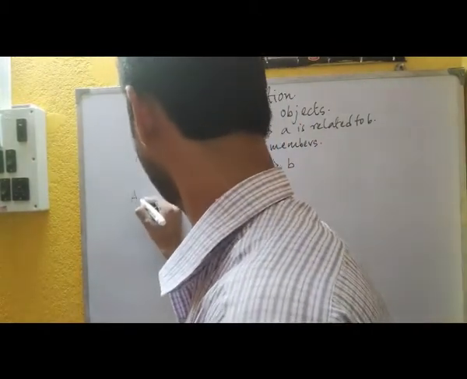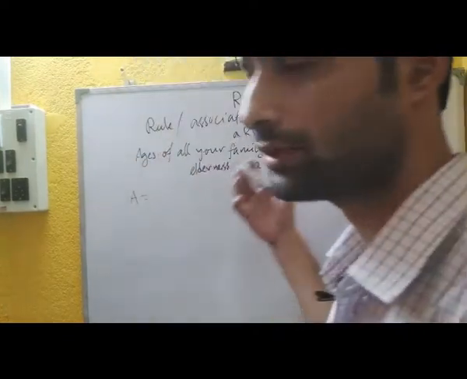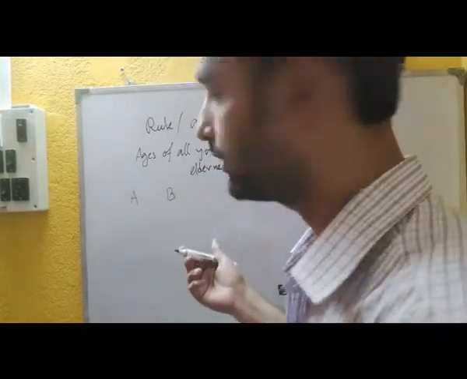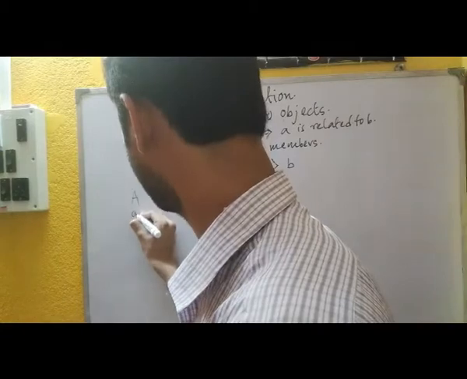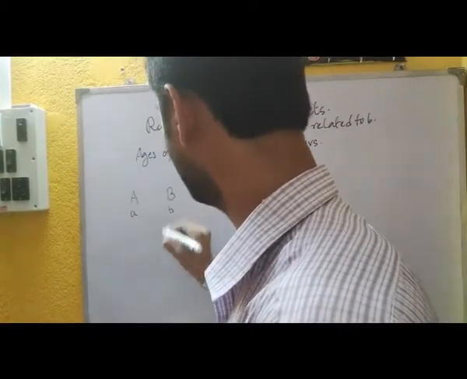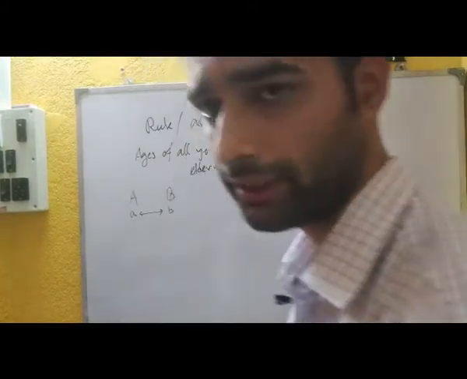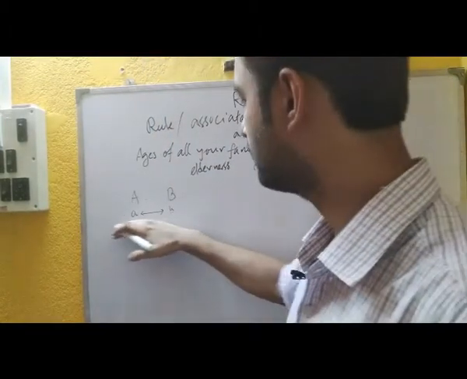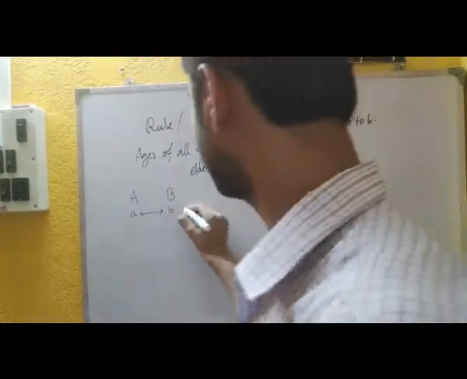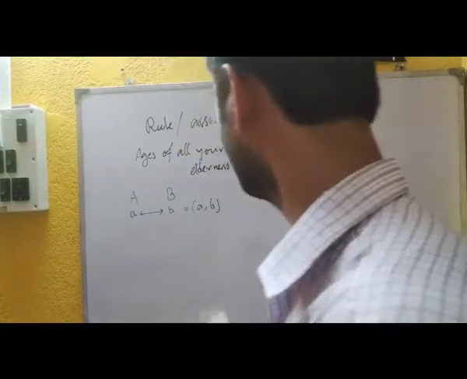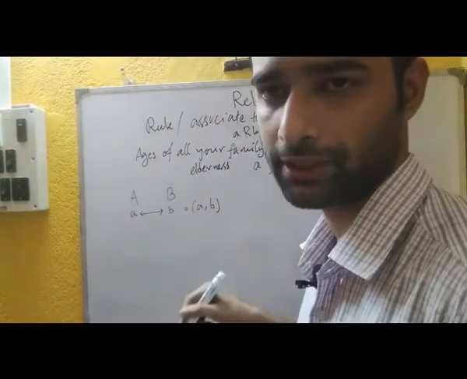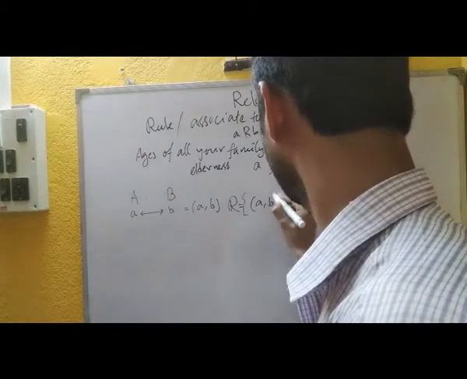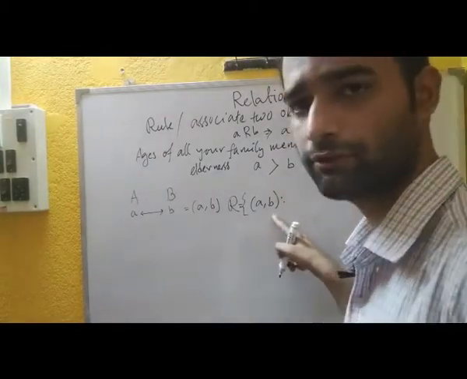Suppose we are considering A as the collection of some objects, and we are considering another collection B with some other objects, and we want to say that if we take some element from A and some element from B, then there will be some relation between A and B. So if we see that somehow they are related by some relation, we express it as an ordered pair. So we make pair of all those elements which are related to each other, and consider this collection R with these elements which are related to each other.